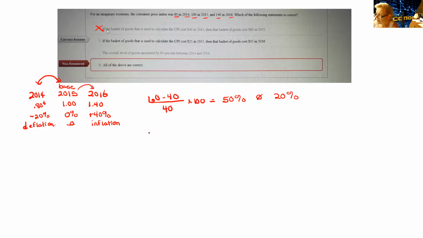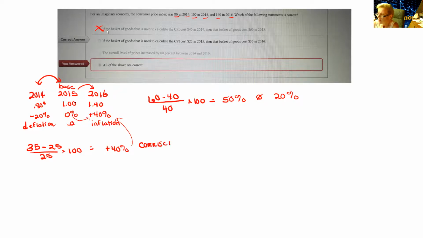So our most recent, 2016, minus our previous, divided by our previous, times 100 and expressed as a percentage, because that's just the percent change formula. That ends up equaling positive 40%. That's a match, because we know this increased 40%. So this is the correct answer.